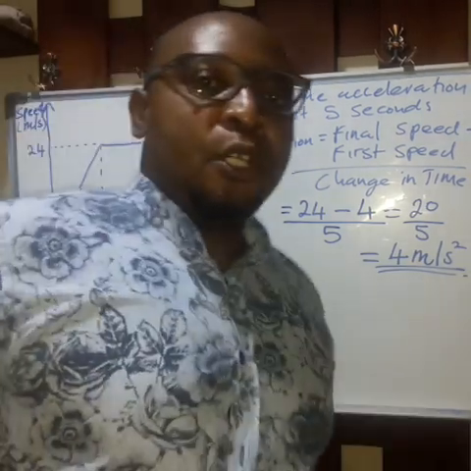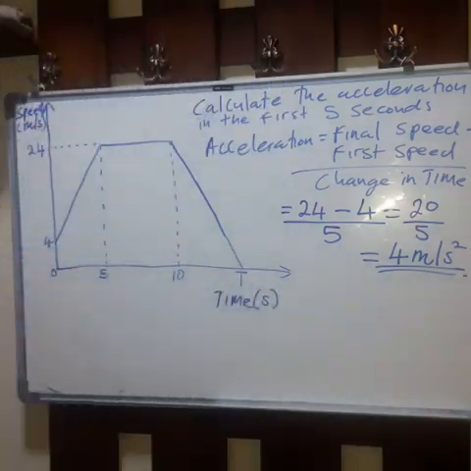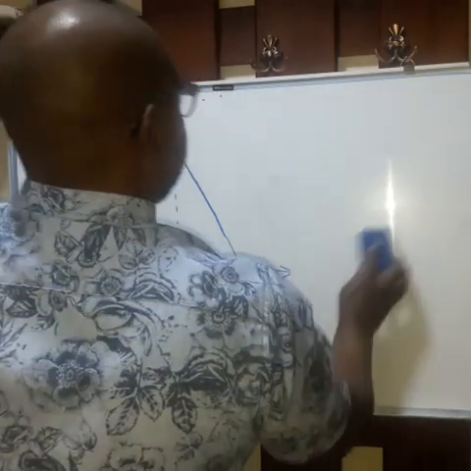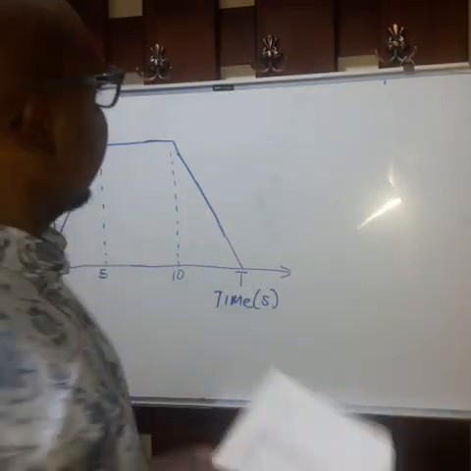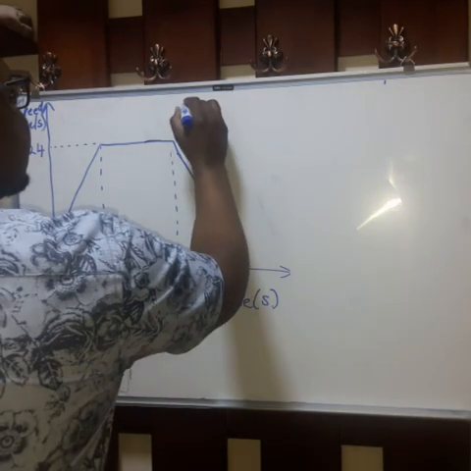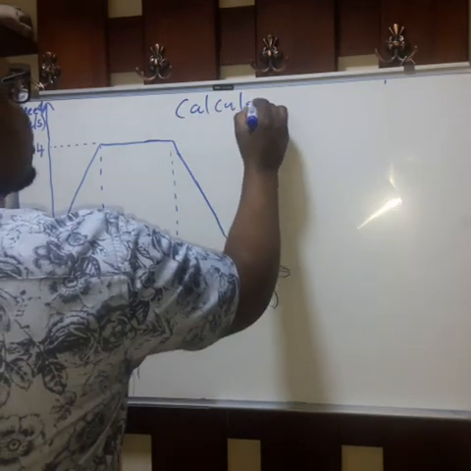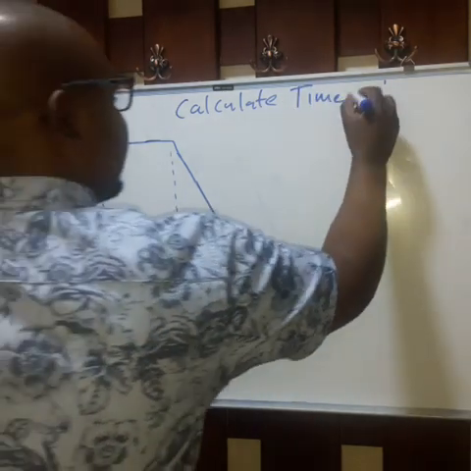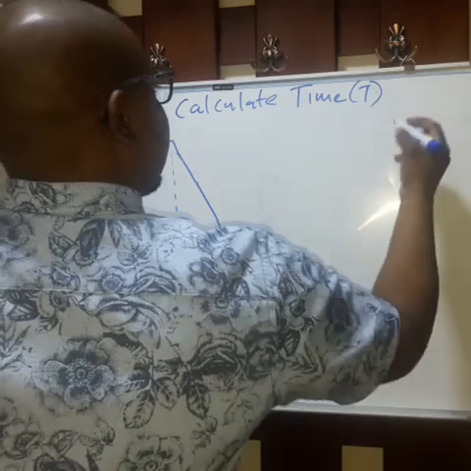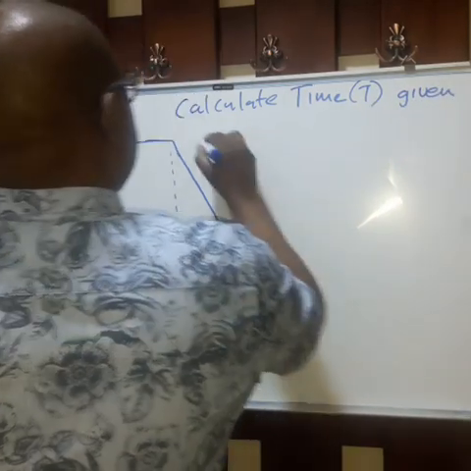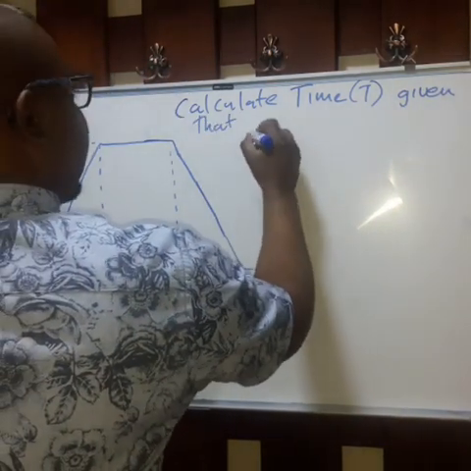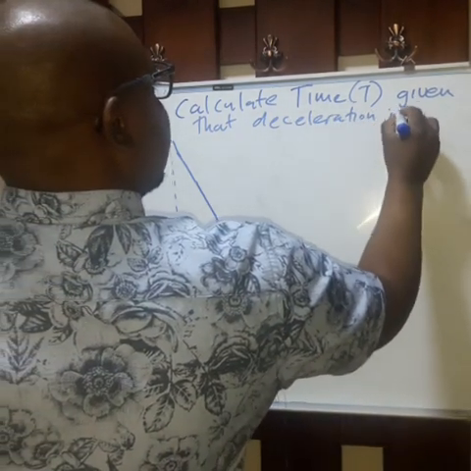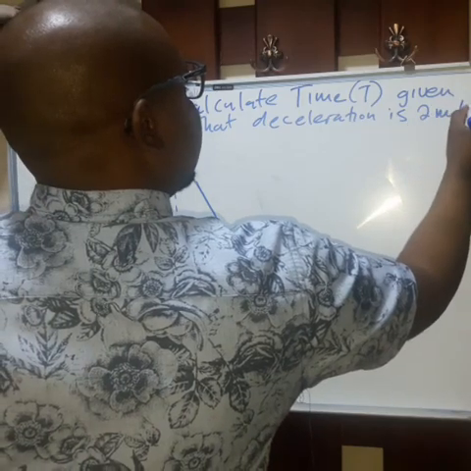Now let us move on to the next part. Let me wrap this part. The second question is: calculate time t, given that deceleration is 2 meters per second squared.